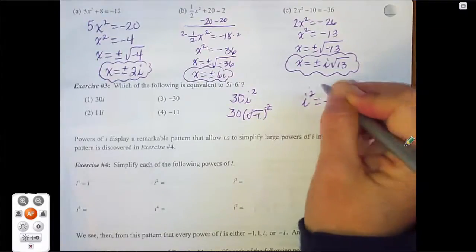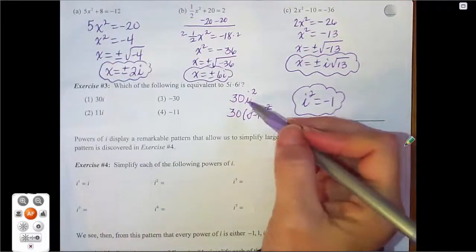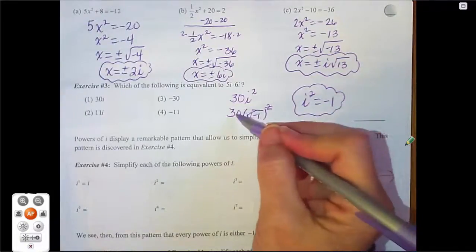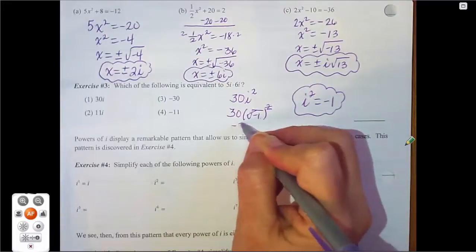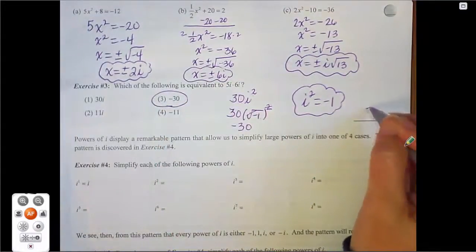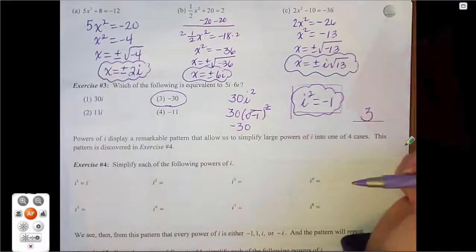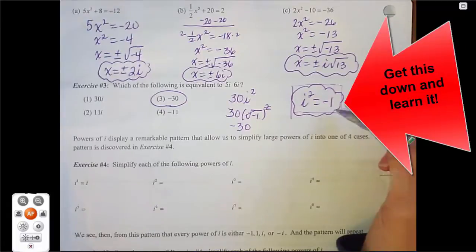This is another big idea that we'll be using a lot throughout the course. So when I simplify this completely, this is 30 times negative 1, which is negative 30. In this case, choice 3. But again, i squared equaling negative 1 is a very big idea in Algebra 2 and other courses. Make sure you get that down.